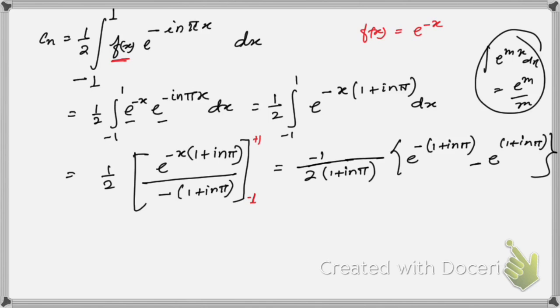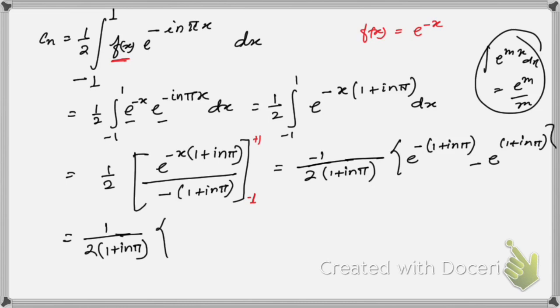What we can do is take the minus sign common, or you can multiply this minus 1 here and here. If you do so, this negative will be positive and this positive will be negative, right? So then what we're going to have, let me write 1 by 2 and positive (1 + i n pi), then reverse the sign of the terms inside the brackets, okay?